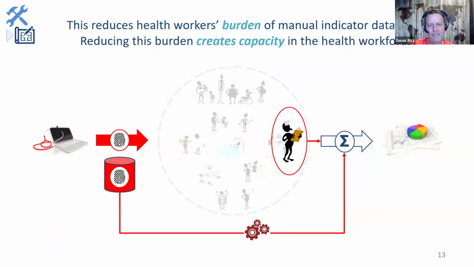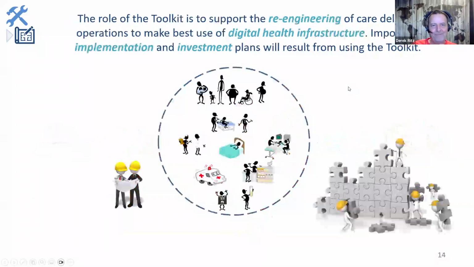You're looking at something that's approaching 20% of the capacity of nurses being spent on aggregate indicator reporting. So if we start to arm them instead with digital health tools that improve their efficiency and their effectiveness and their ability to deliver care, not only do we get that benefit, but they don't do the aggregate indicator reporting. And this actually creates capacity.